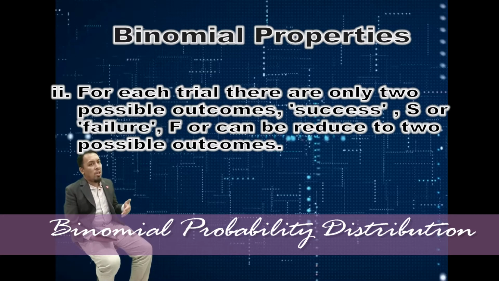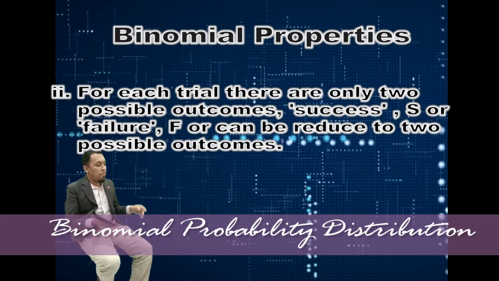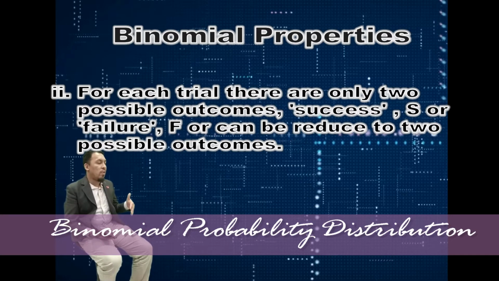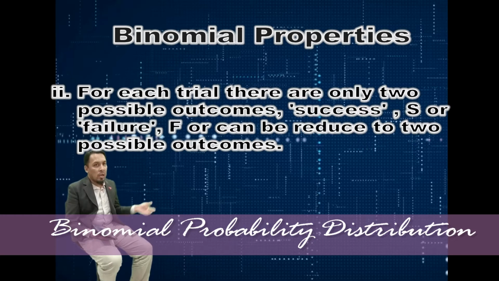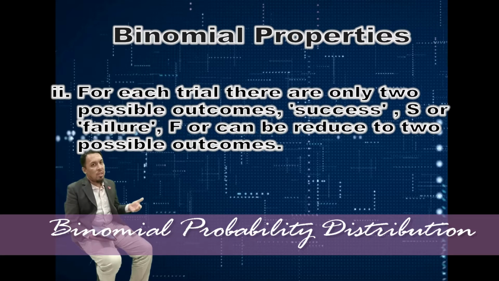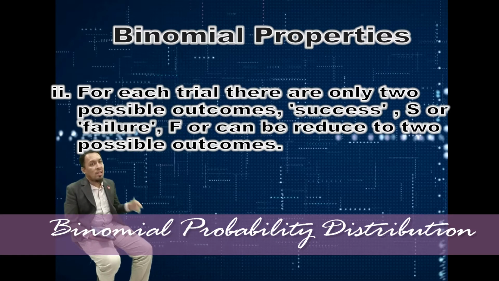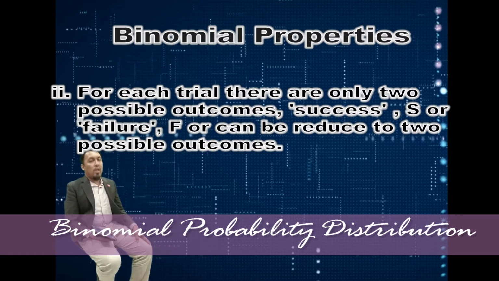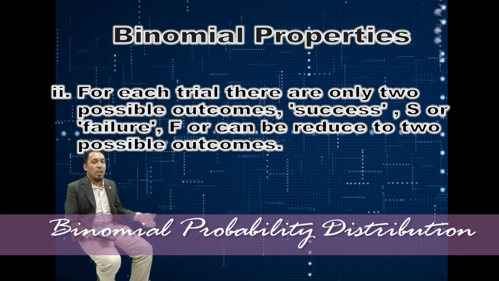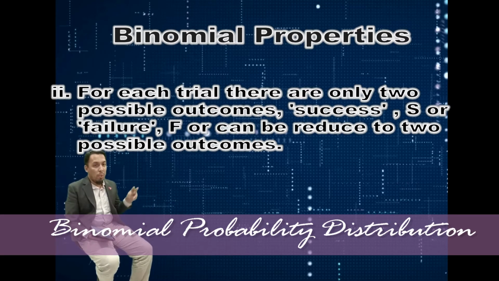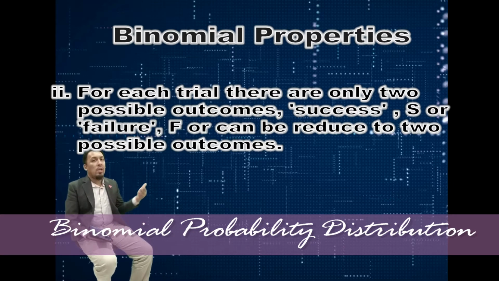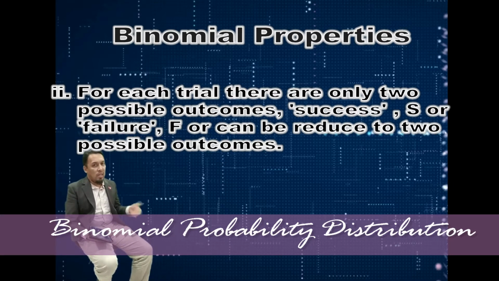If, let's say, you want to look at the number of defective items or defective products, that will be the success that you want to look at, known as success in binomial. And of course the other will be failure, the other outcome. You only have two outcomes, right? One will be success, which is the one that you want to look at, and the other will be failure, denoted as S and F.